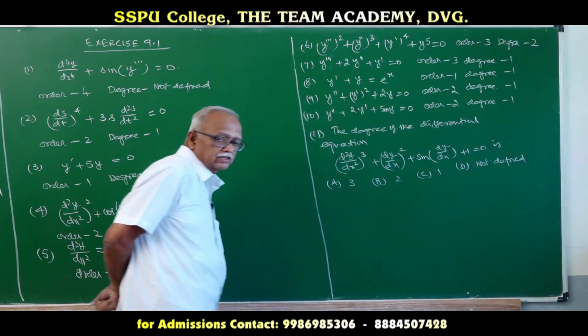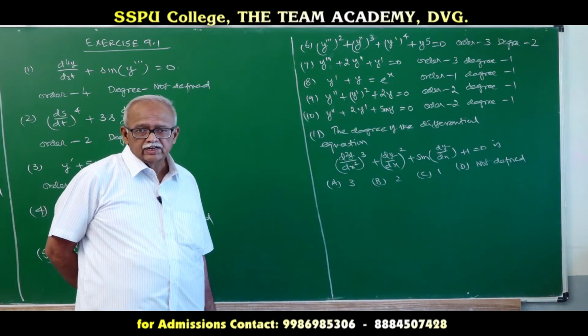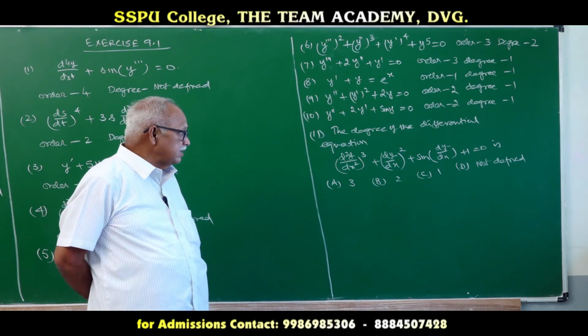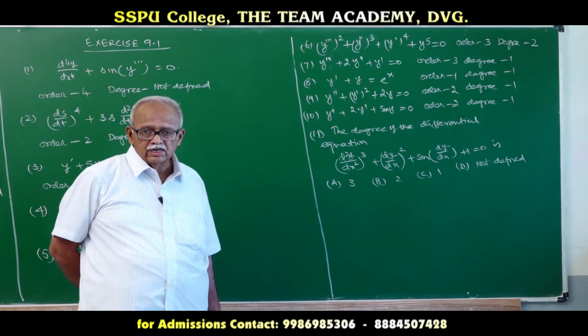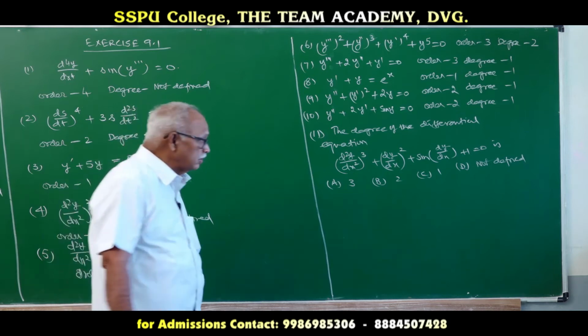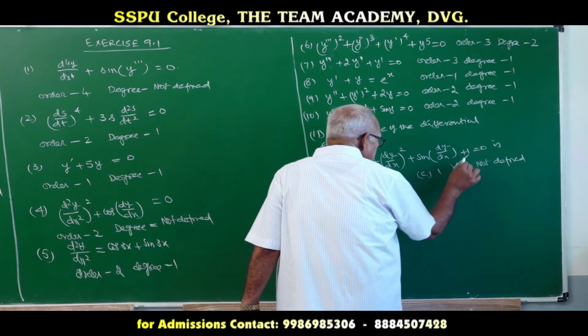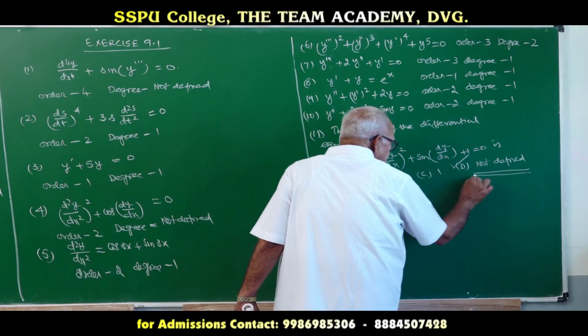Now I have written the options. Which option is the correct option for the degree? The equation is not a polynomial in derivative. So the degree is not defined. So this is the answer there.